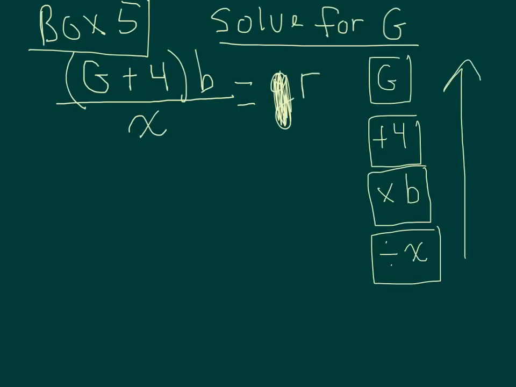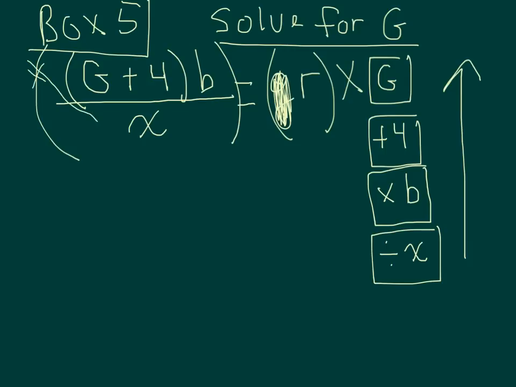And the first thing I'm going to do is, instead of dividing by X, since that's what they did, I'm going to do the opposite. I'm going to multiply both sides by X. So, put X here, X there.